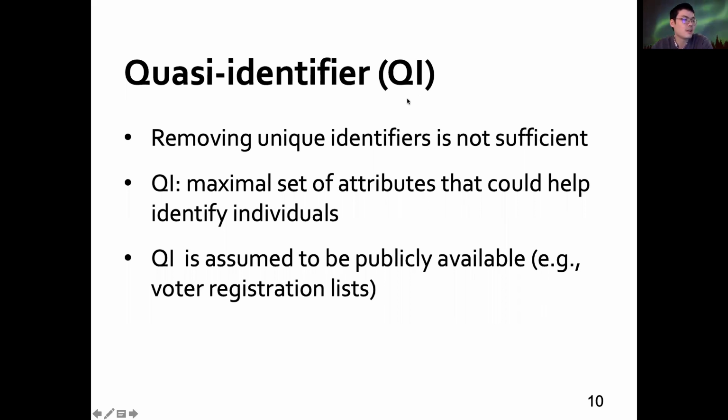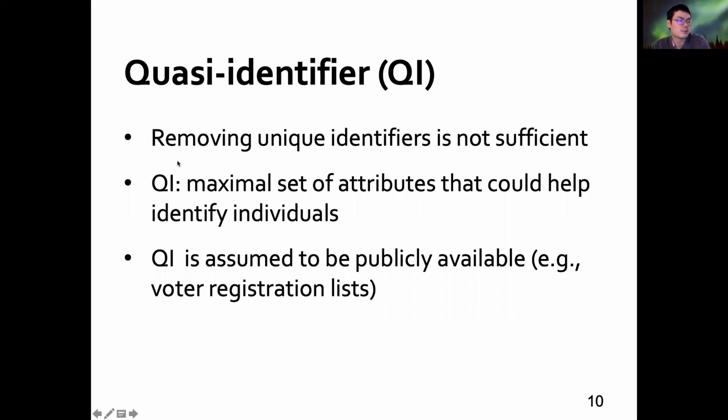But even after removing the unique identifier, maybe your birth date and your gender, or your address or your zip code are also there. If that happens, then based on these several columns, I can uniquely identify, hey, that's only you. It's impossible for another person to have the same values for these 3 fields. So these 3 attributes that we mentioned earlier, for example, constitute a quasi-identifier, or QI.